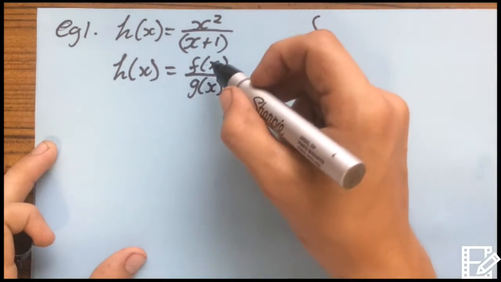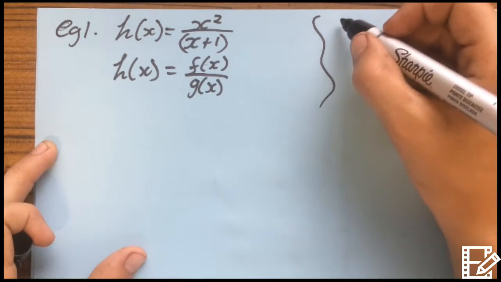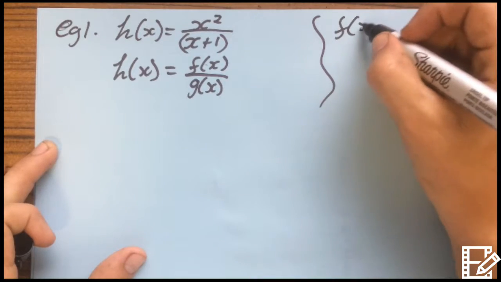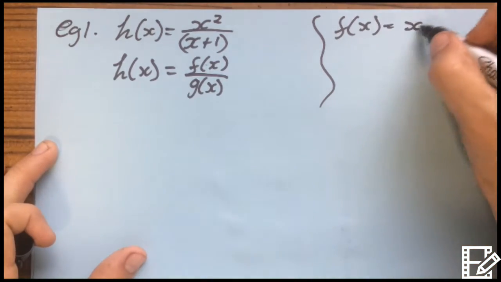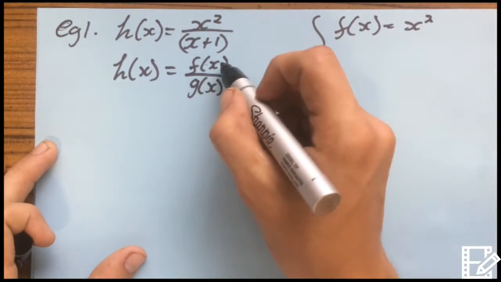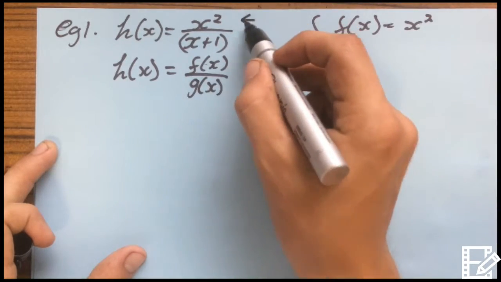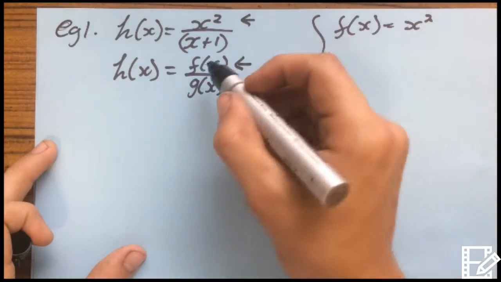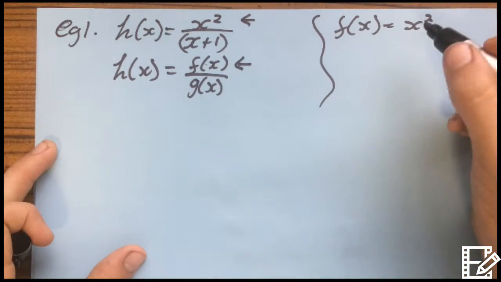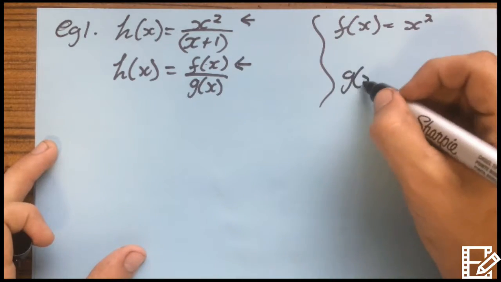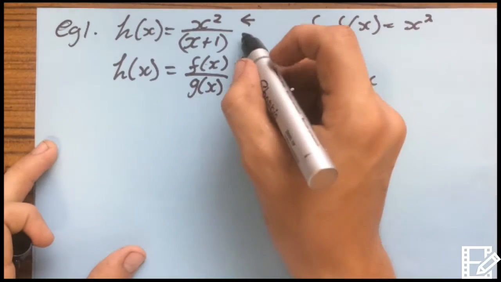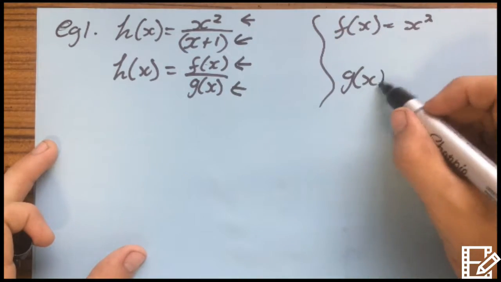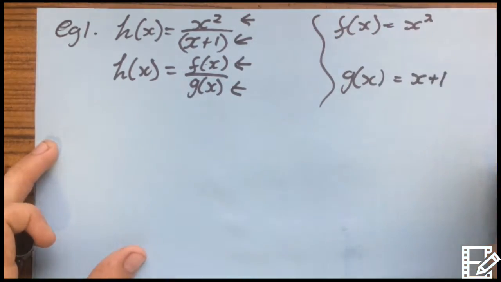So, we can make a connection by calling f(x) x squared, because this is on the top and this is on the top. So we'll make f(x) equal x squared. Now, do the same thing with the bottom. g(x), we'll make that equal to x plus 1.